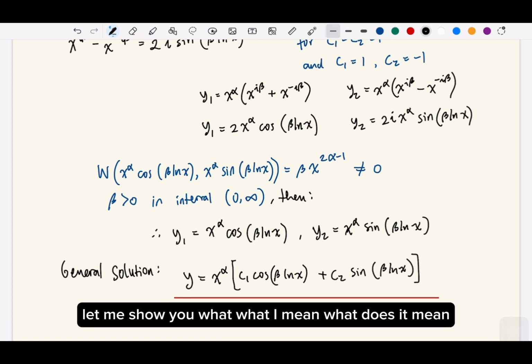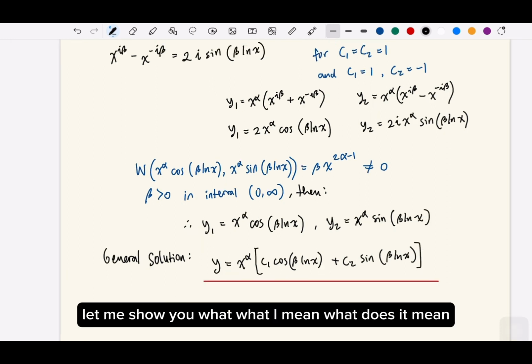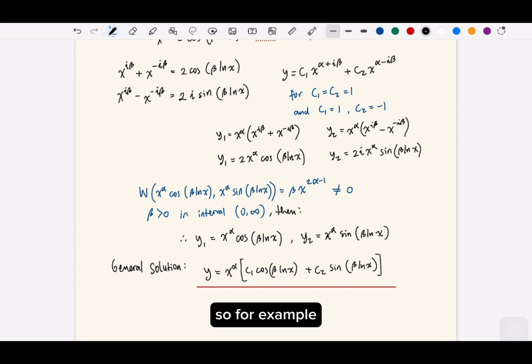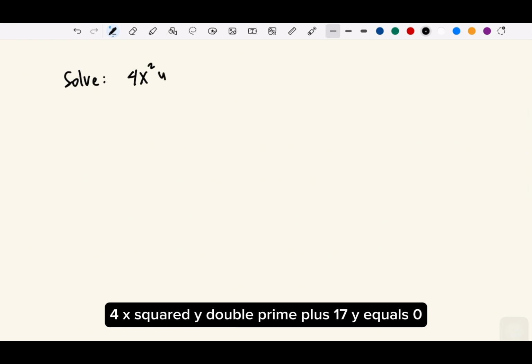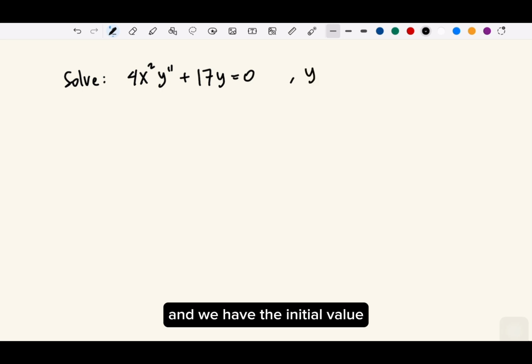Let me show you what I mean. So for example, solve 4x squared y double prime plus 17y equals 0, and we have the initial value.